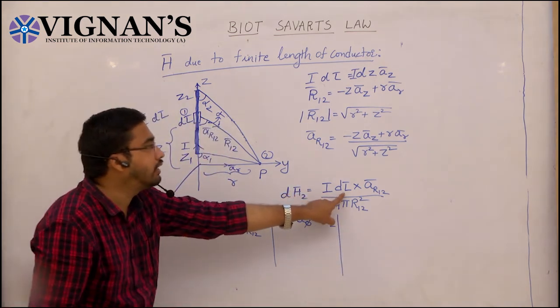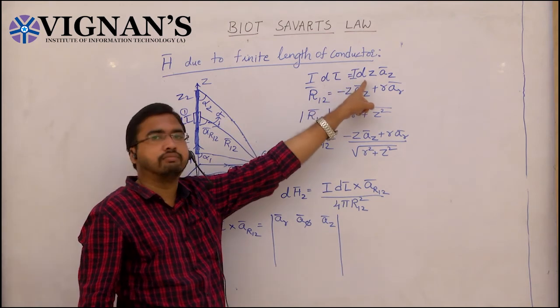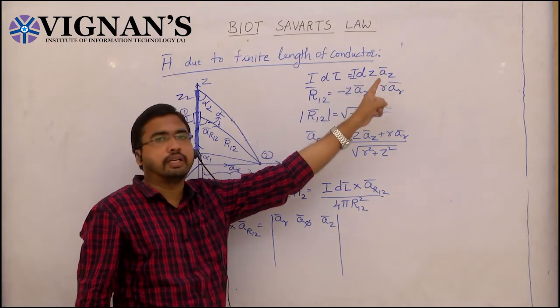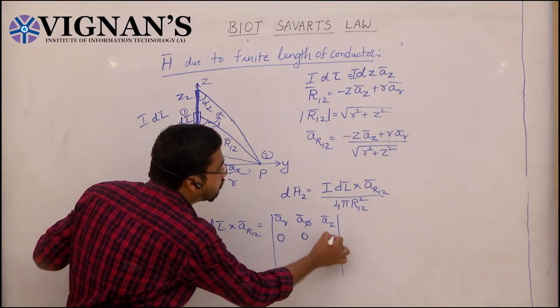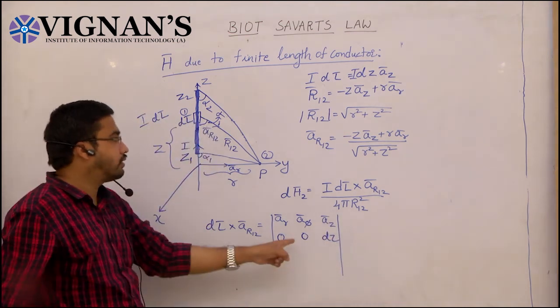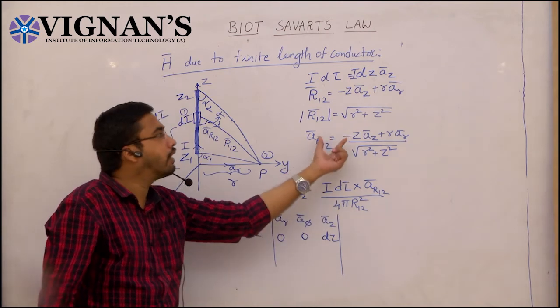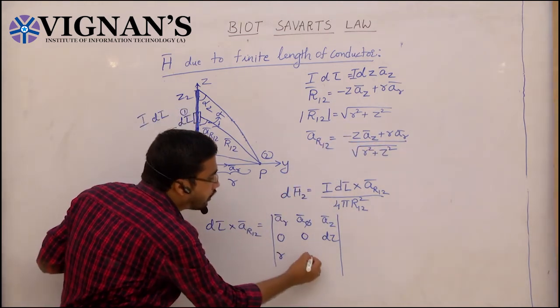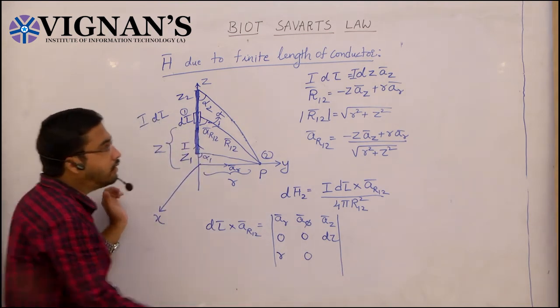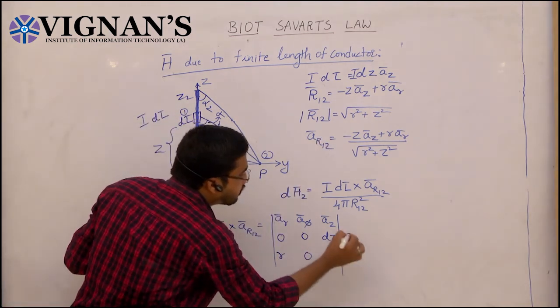So what is the differential length DL? That is DZ. So only Z component is there. R and phi components are zeros. DZ. So what is AR12? AR12 components are R, phi component is not there, 0, and Z component is minus Z.